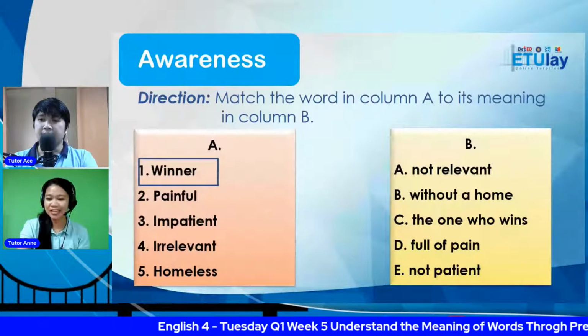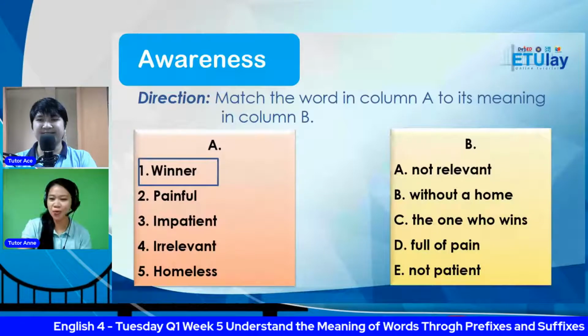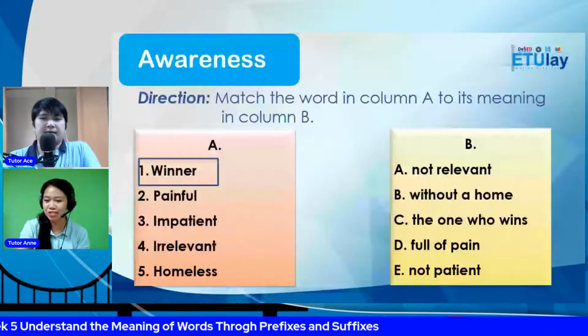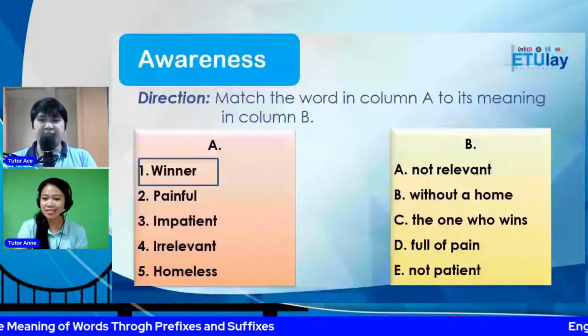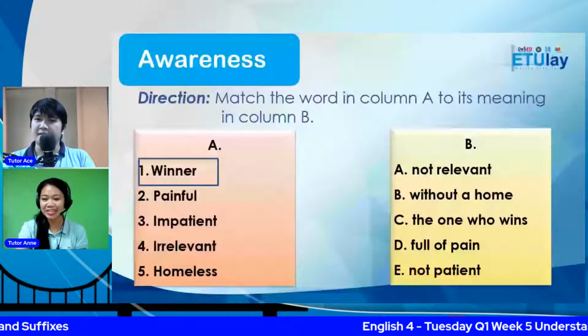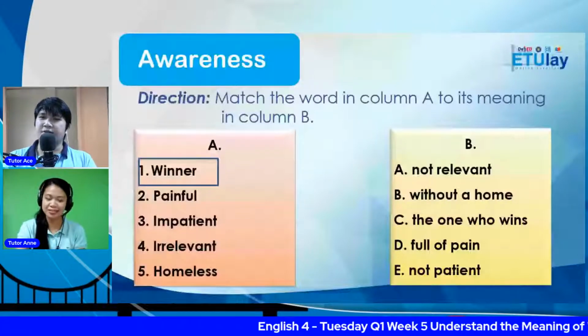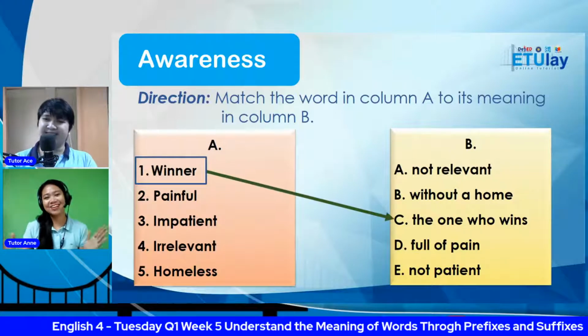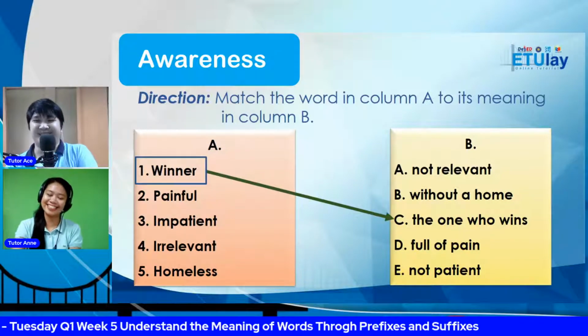A, not relevant. B, without a home. C, the one who wins. D, full of pain. Or E, not patient. Aki says C. Mac Prince says C also. Noreline says C, too. But Tutor Ace, is it letter C? Does winner mean the one who wins? Yes, the correct answer is letter C. Very good.